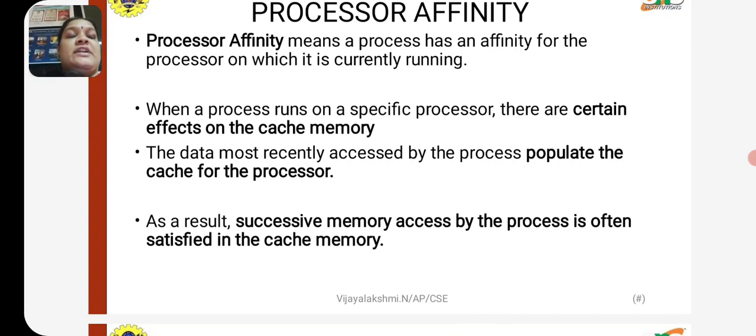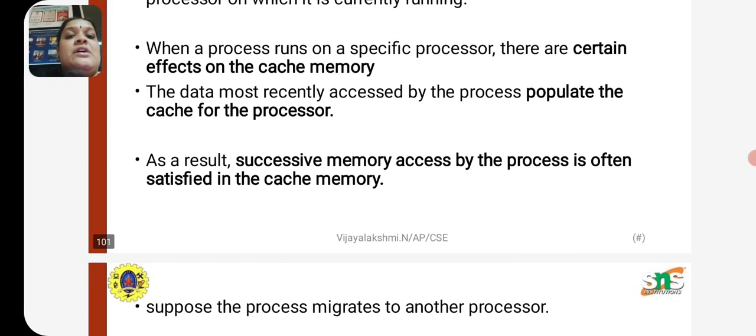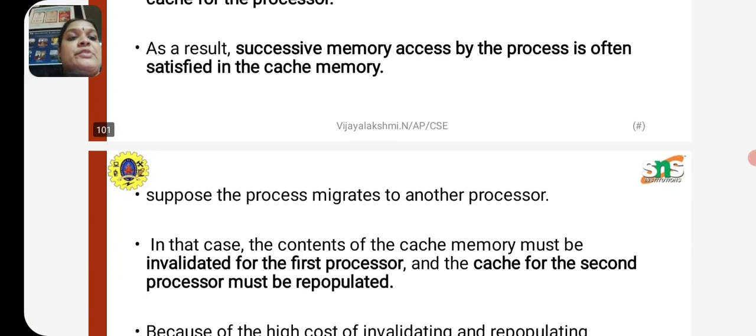What effect we will see in the following slides. The data most recently accessed by the process has to populate the cache memory. So what happens is that successive memory accesses by the same process are often satisfied in that particular cache memory.